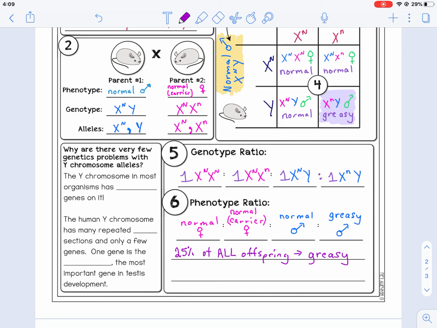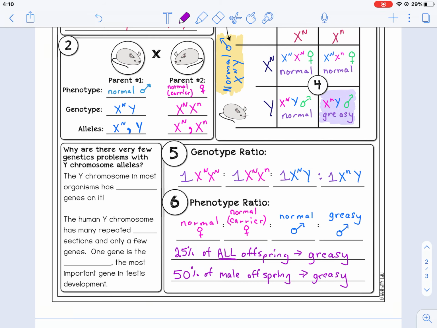So 25% of all offspring would be considered greasy. Now I added all because we're also going to make a note that 50% of male would be greasy. None of the females will be greasy, okay?